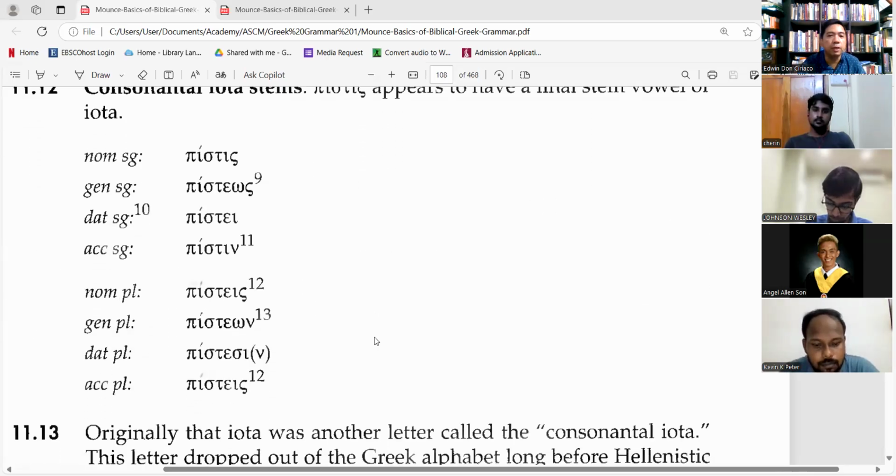Okay, so again with the word faith or belief, or the verb believe. So, okay, pistis, pisteos, pistei, pistin. Pisteis, pisteon. Notice that pisteos, the genitive, and then pisteon are very close, okay? So you should be mindful of the difference. What makes them different is the omega.